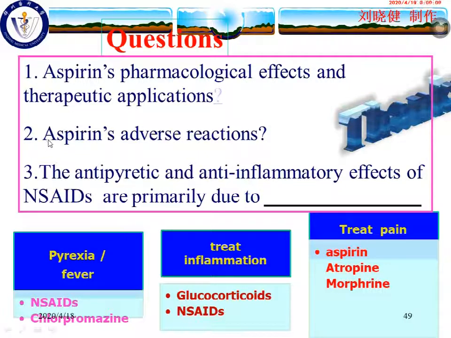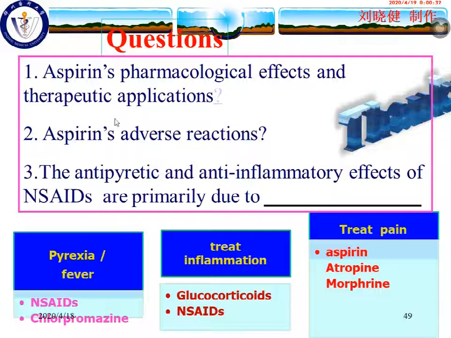Adverse effects of aspirin include 6 points. Do you remember? GI tract reactions, blood coagulation disorders, hypersensitivity, hepatotoxicity, including Reye's syndrome, salicylate intoxication, and renal injury.